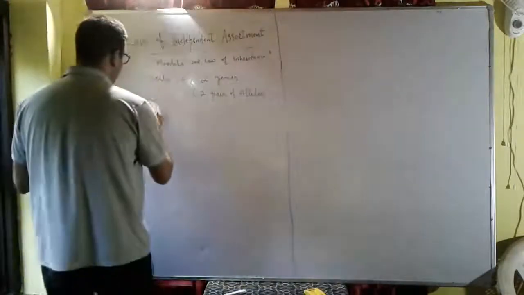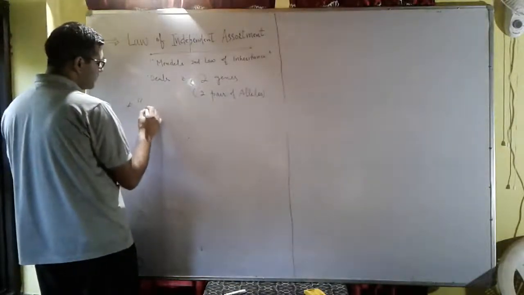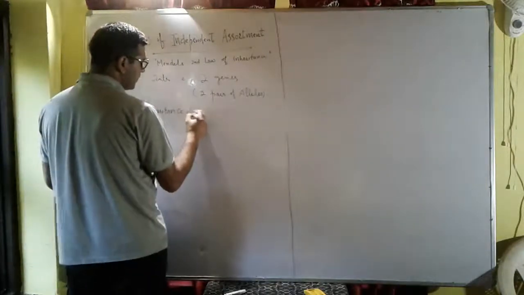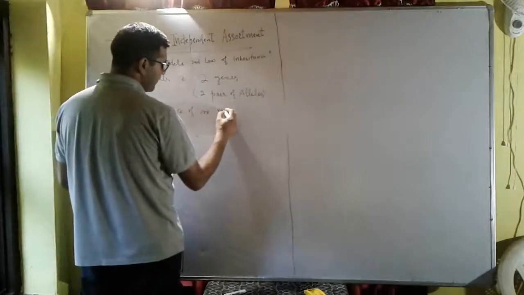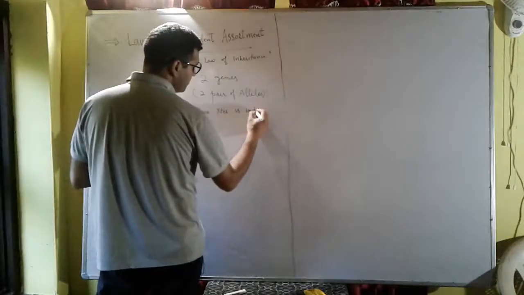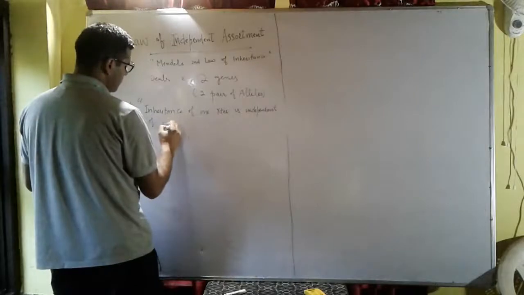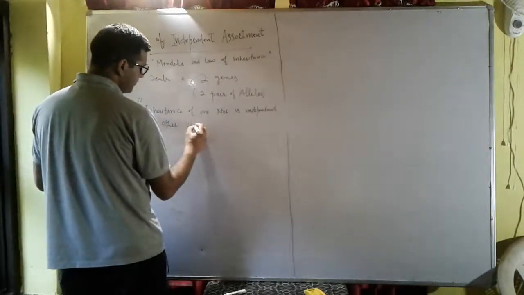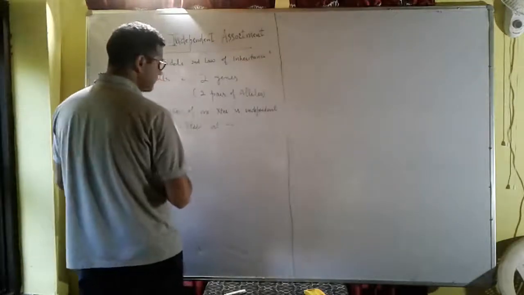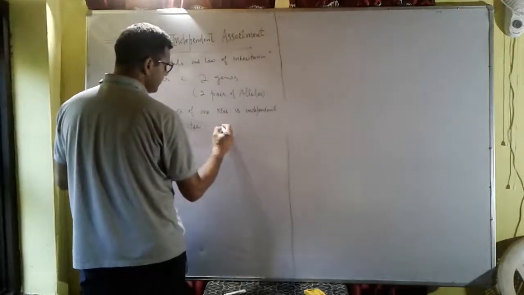So the law of independent assortment states that the inheritance of one character is independent of the other character in an individual.